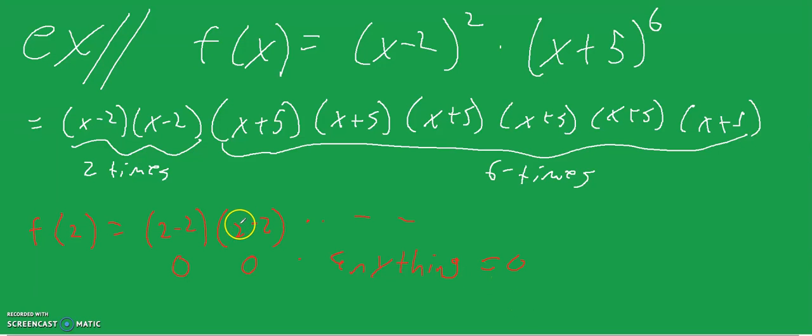So what that's saying is that 2 is a zero of my function, right? 2 is a zero. If I plug in 2 to my function, I get 0. So the way we say that is that 2 is a zero of this function, or root.